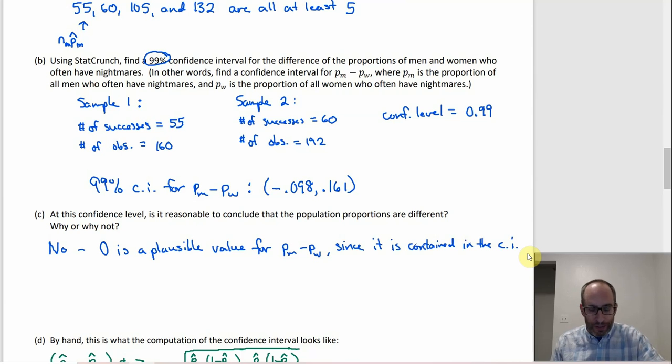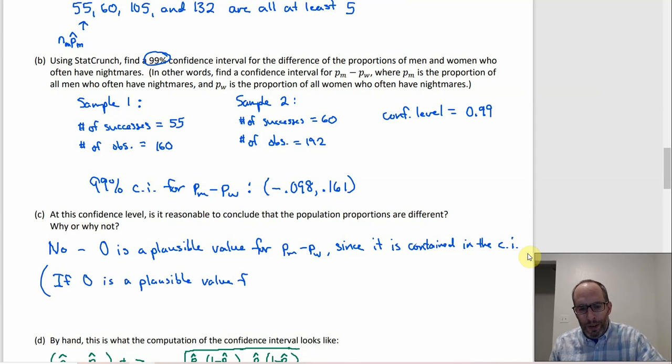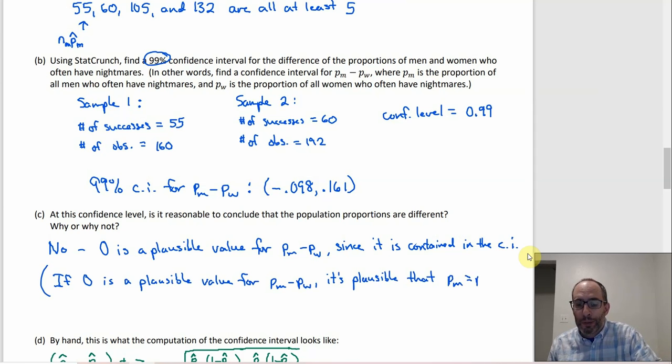So why is that the thing that you would look for? Because if 0, and I guess I'll put this part in parentheses, is a plausible value for PM minus PW, then it's plausible that PM equals PW, right?